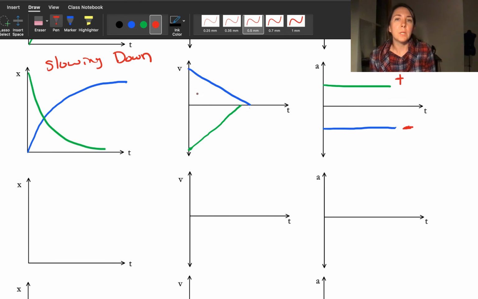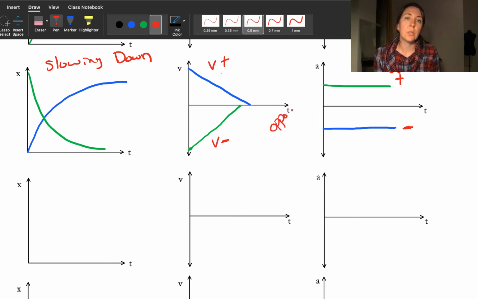Really, if you look at the sign of velocity, here the sign of velocity is positive. Here the sign of your velocity is negative. If you look at the sign of the velocity, positive and negative, and the sign of the acceleration, if these signs, velocity and acceleration, are opposite, that object is going to slow down. Opposite signs mean slowing down.